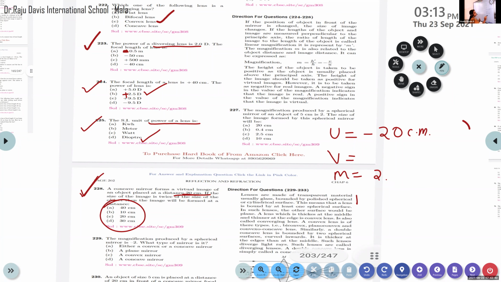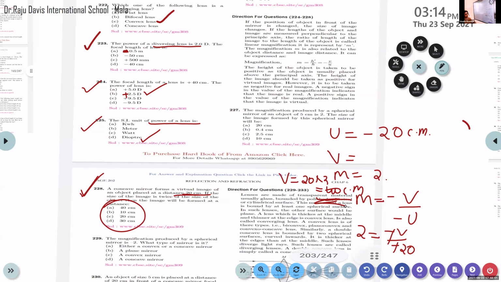Then m is equal to minus v by minus u, or 2 is equal to minus v divided by minus 20, or v is equal to 20 into 2, that is equal to 40. Anyway, I think the most possible answer is 40 centimeter. Let me check and inform.